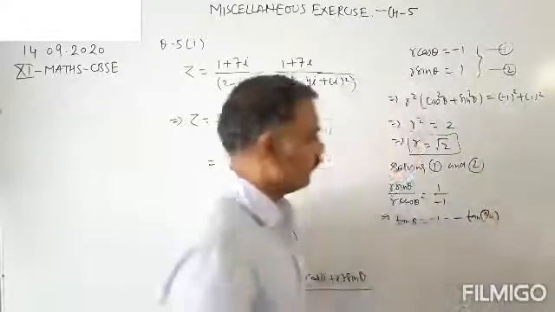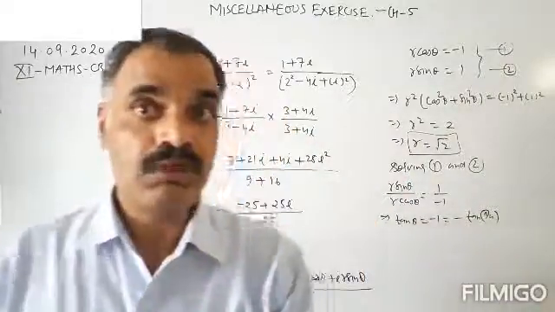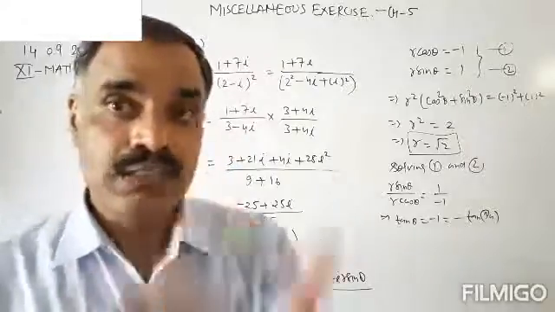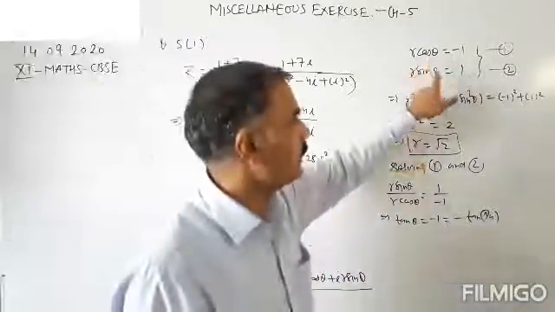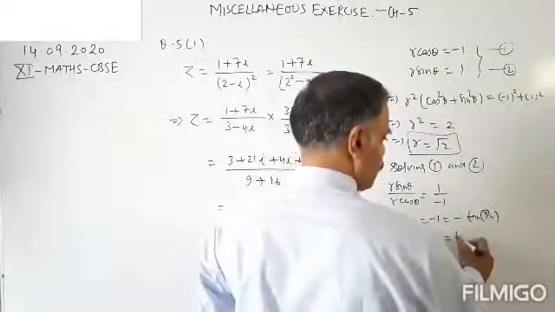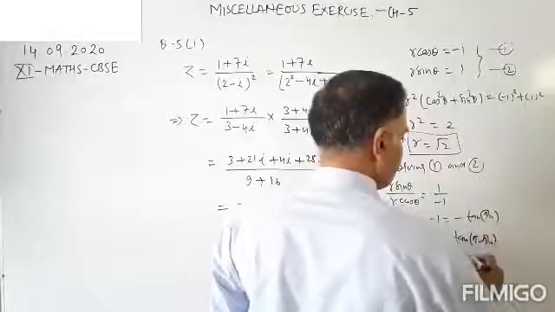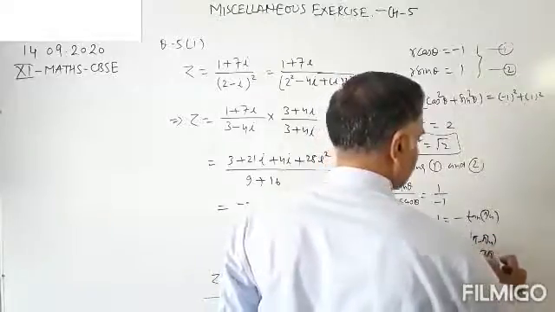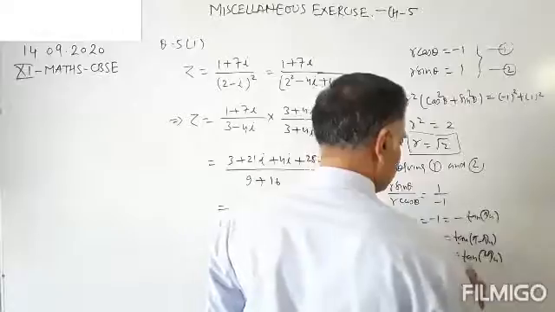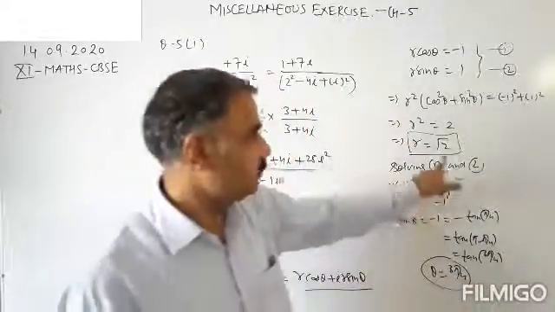Now since the amplitude lies in the second quadrant, as cos theta is negative and sin theta is positive, this equals tan of pi minus pi by 4, that is tan 3 pi by 4. Okay, so theta is equal to 3 pi by 4. This is the amplitude and this is the magnitude.